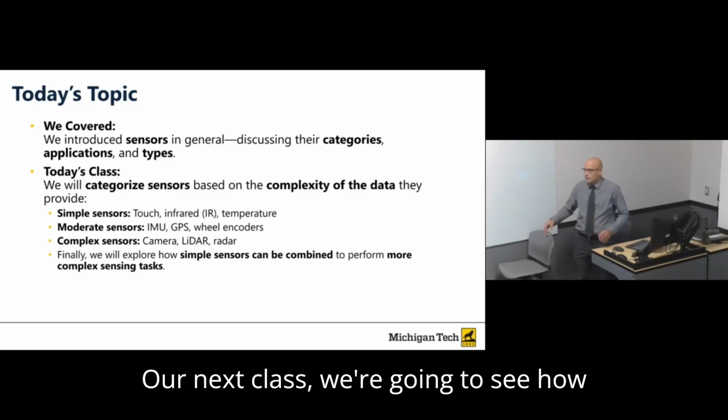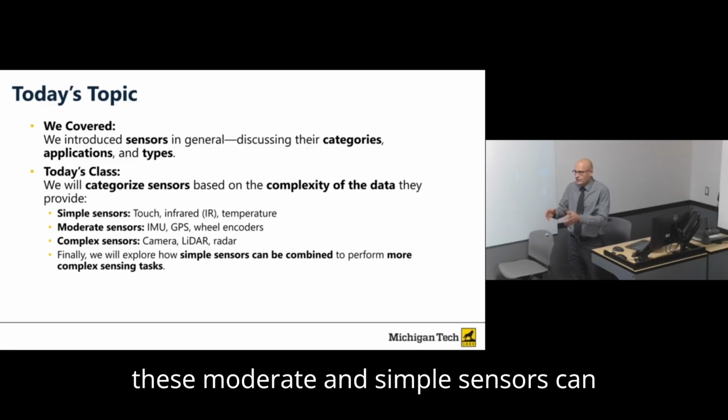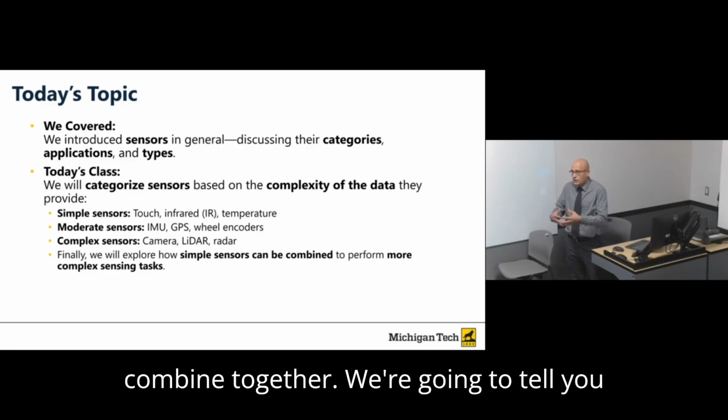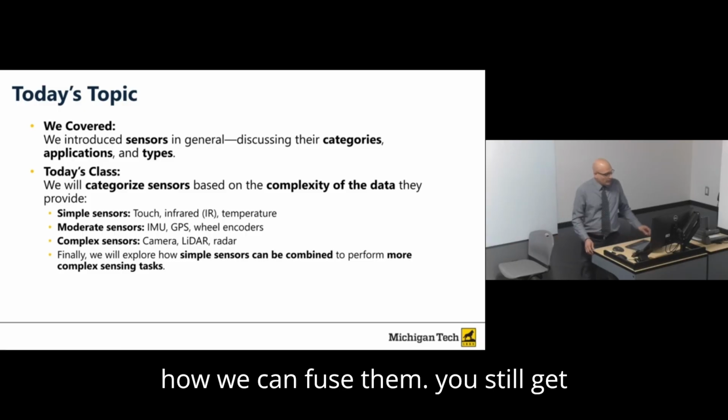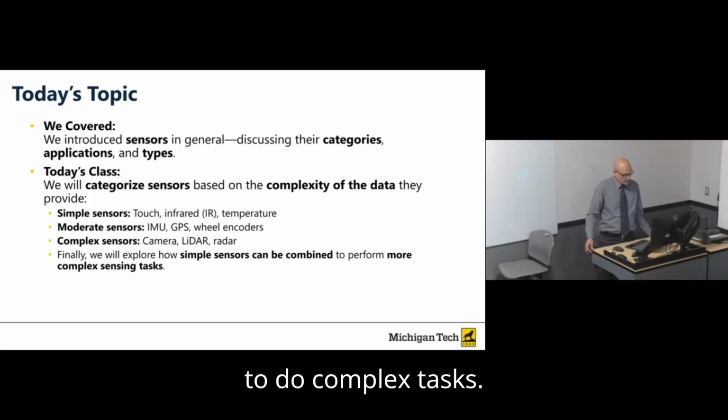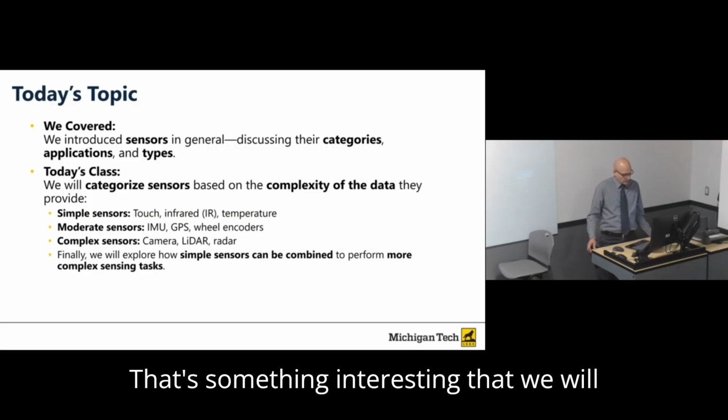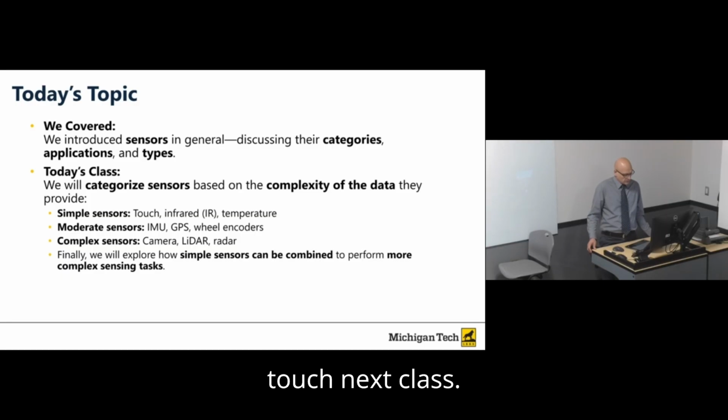Next class, we're going to see how these moderate and simple sensors can combine together. We're going to tell you how we can fuse them to still do complex tasks. That's something interesting that we're going to talk about next class.